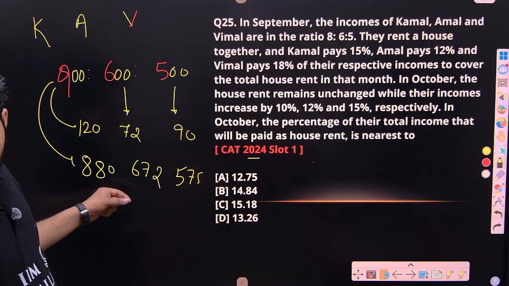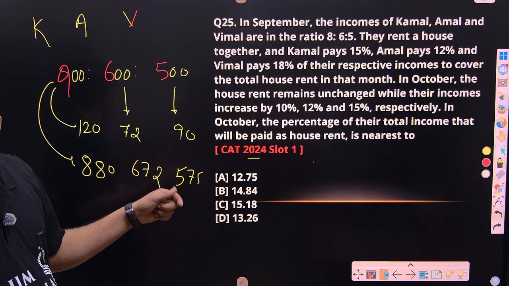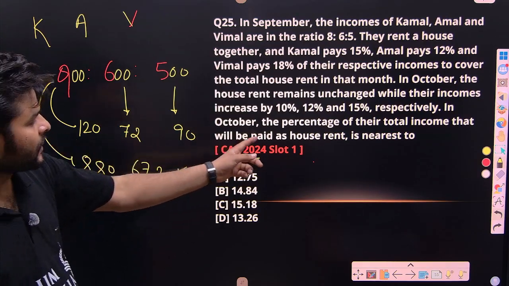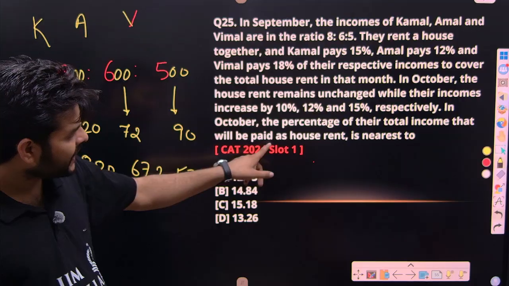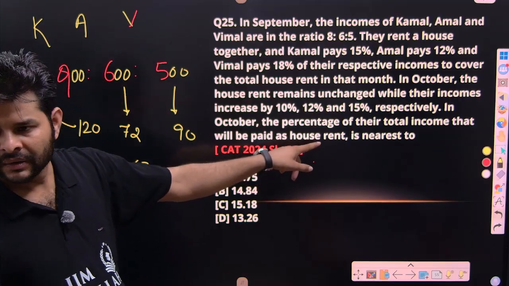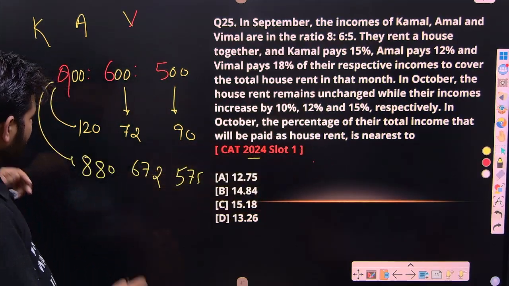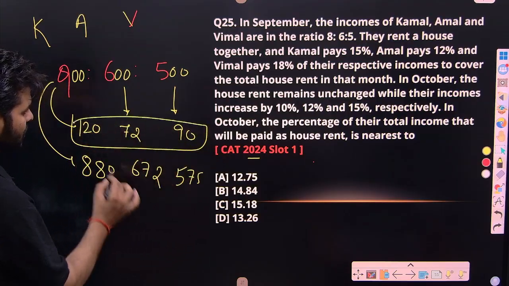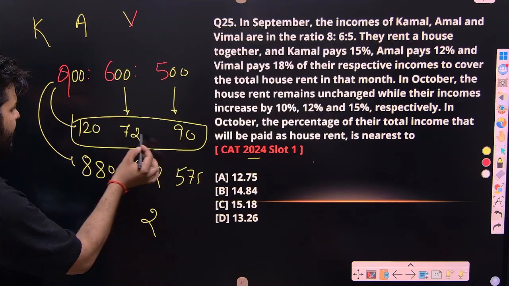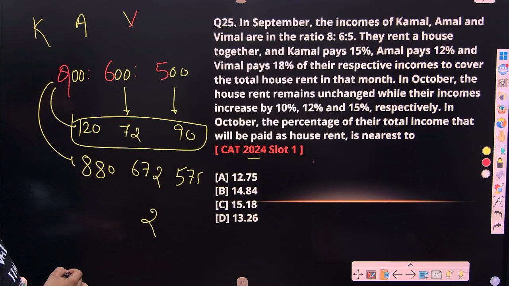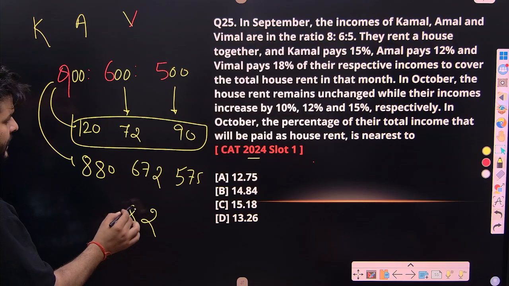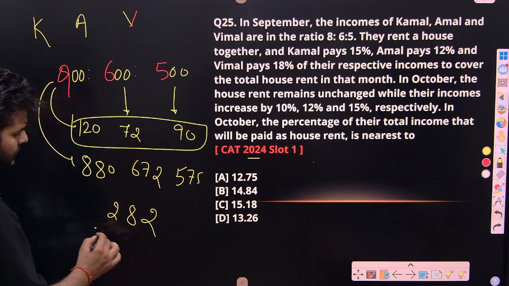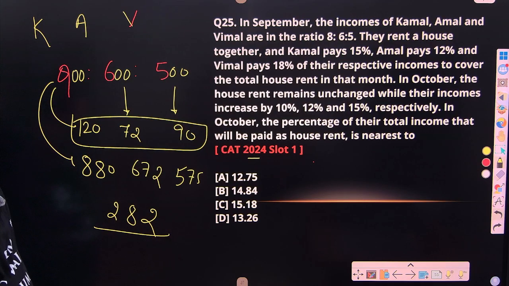These are the salaries of the current month, October. Now what happens? The percentage of their total income that will be paid as house rent is nearest to what? Again the rent is the same. How much? 2, 9 to 11 and 7, 19, sorry 18. 16 to 18, carry 1 or 2. Rent is 282.